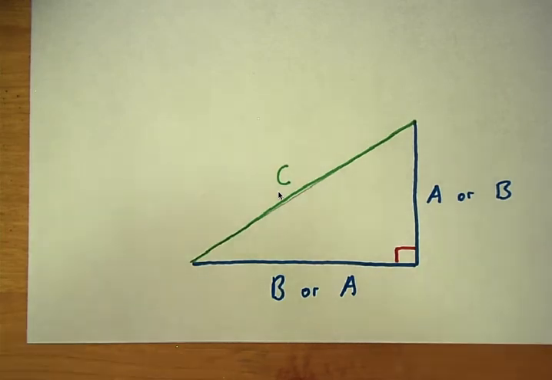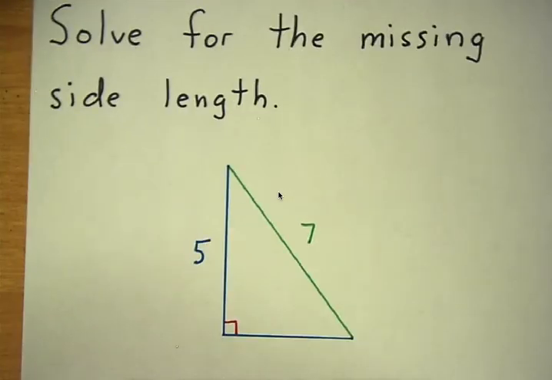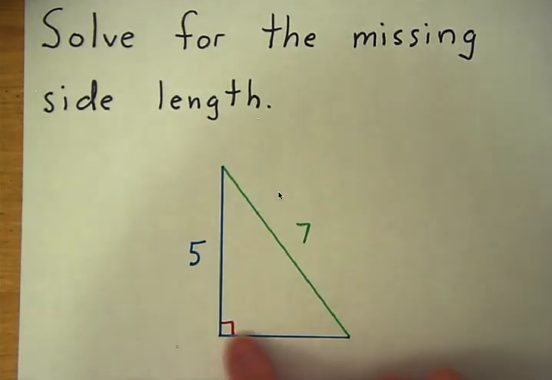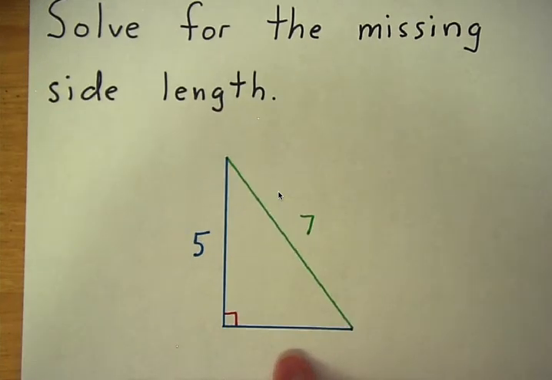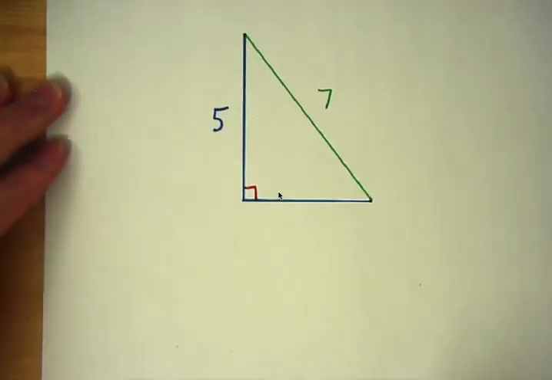Let's do an example with actual numbers here. So let's say that we are given this problem right here. We know this is a right triangle because of that little symbol right there. And we're given the length of 2 of the 3 sides. We're missing this one down here. And it says solve for the missing length. Because this is a right triangle, I know I can use Pythagorean theorem.